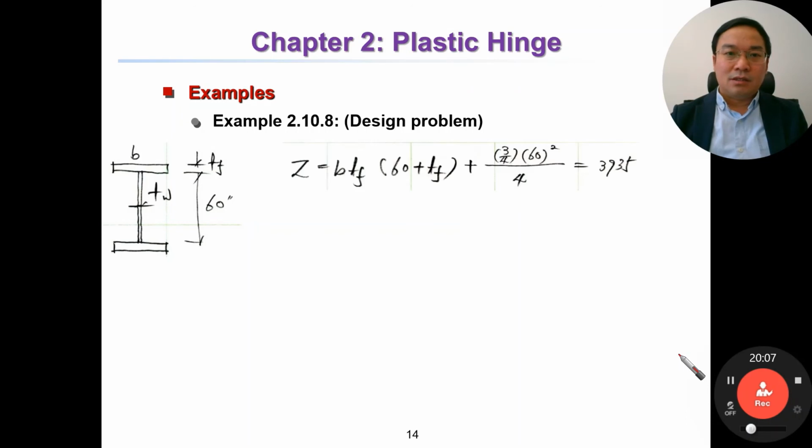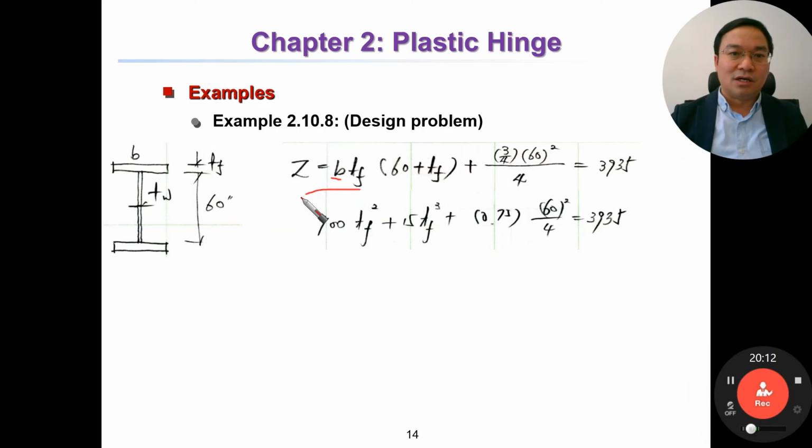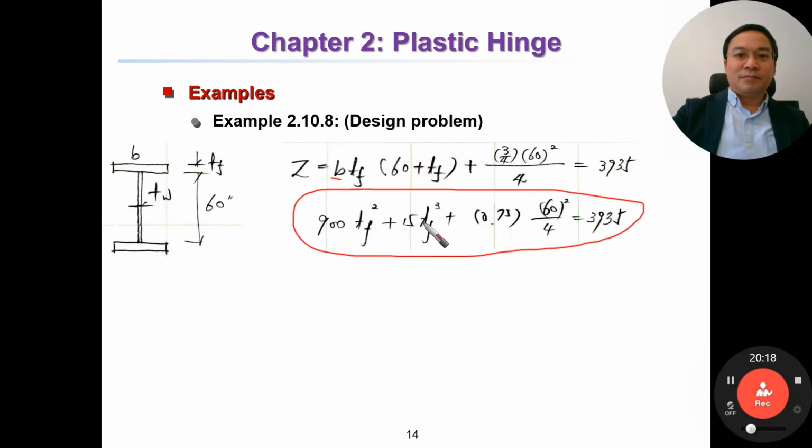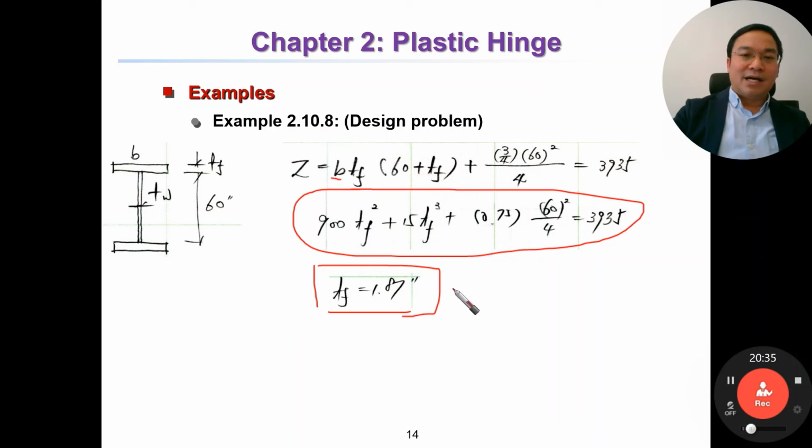Then replace B in this equation, and we have the function of TF. Then you can solve this equation, and we have TF equal to 1.87. For design, you can use maybe 2. TF equal to 2 inch.